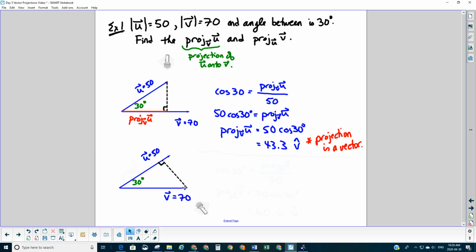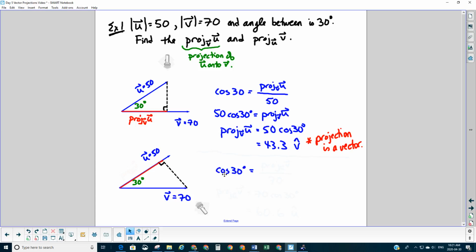Okay, it looks like it's going to be less than 50, but we'll find out. Maybe my picture isn't very accurate. So the projection is going to be this vector right here, the projection of v onto u. So we still get the same triangle here, still a right triangle, and we're dealing with the 30, but this time we're still using adjacent over hypotenuse.